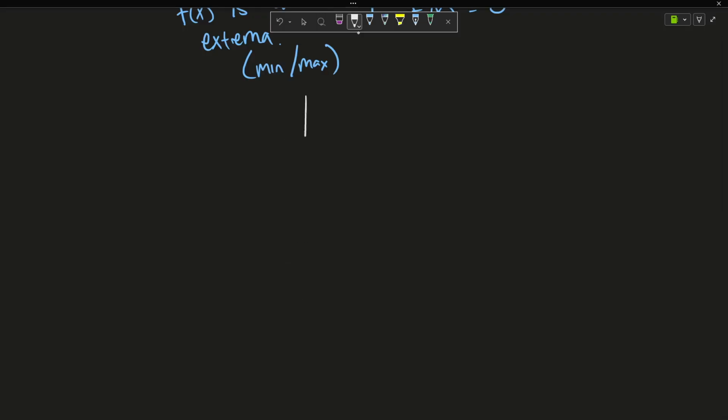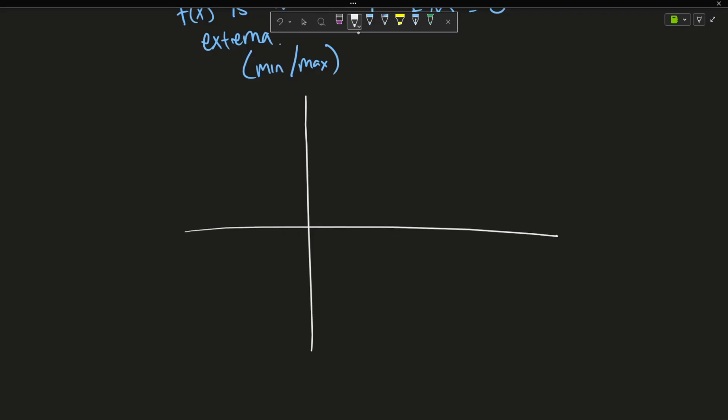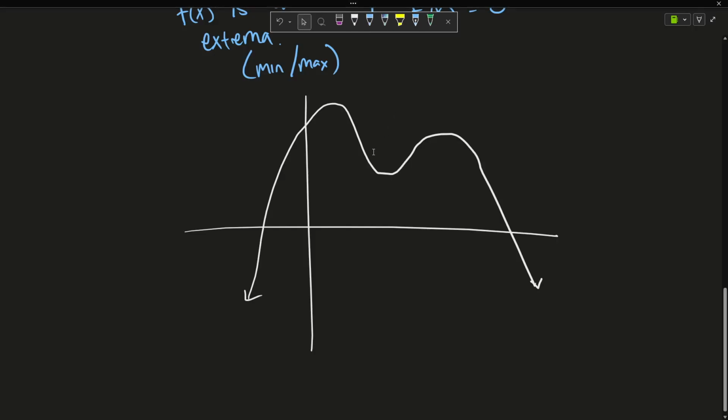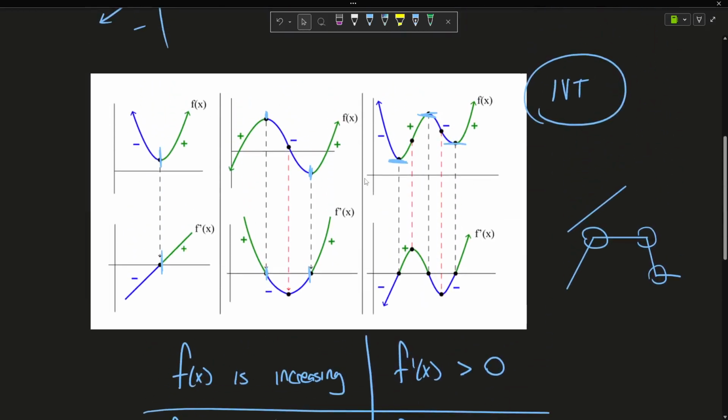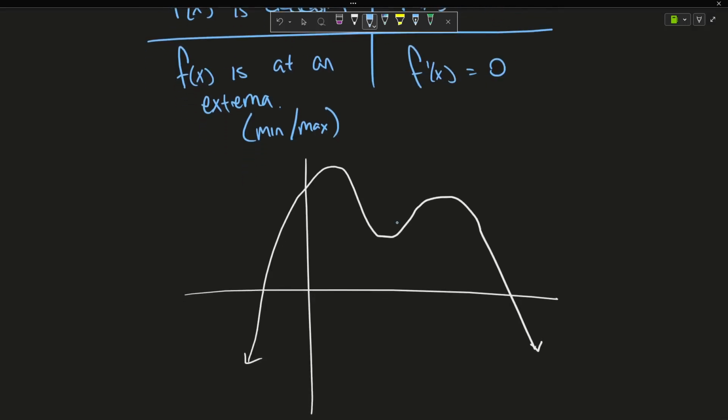Let's say we have this graph where it goes up, it goes down, it goes up, and it goes down. On the same graph, we just want to follow the same procedure that we had above, where wherever it changes, we want to add a little indicator. So over here, that's where it's changing. Over here, that's where it's changing. Over here, that's where it's changing. So point it down.